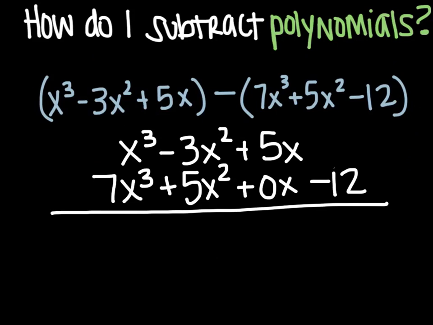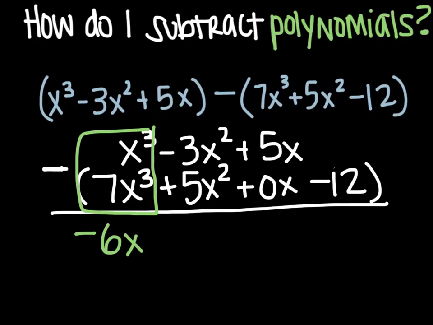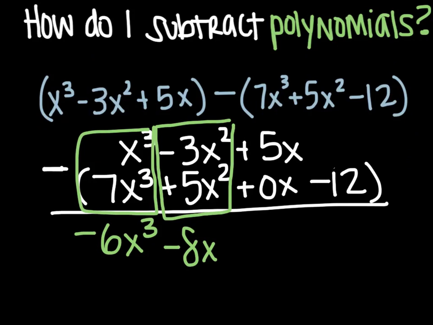And now I can subtract these numbers together. Keep in mind that I'm subtracting this entire thing, so pay attention to signs if you need to. So here I have x cubed minus 7x squared will give me x cubed, negative 6x cubed, and then negative 3x squared minus 5x squared will give me negative 8x squared.